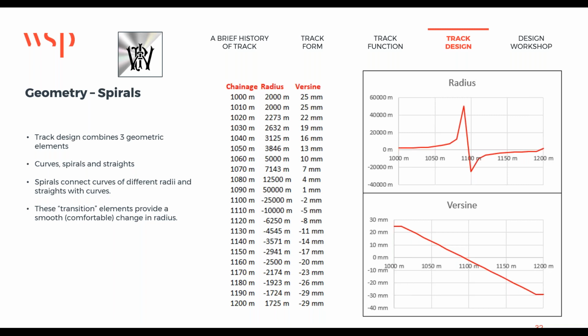If you chart it as chainage versus radius, you get that weird sawtooth in the top picture. And I always find it more useful to use it as chainage versus versine, and then you can see the smooth transition between the two elements from the 2,000 radius curve to the 1,725 meter radius curve as it goes through 0, and you can identify the point of direct reverse.